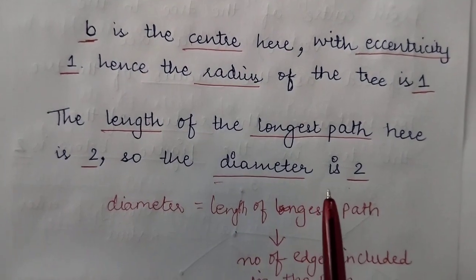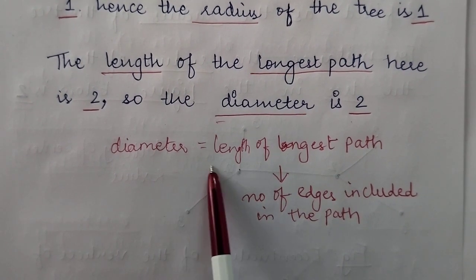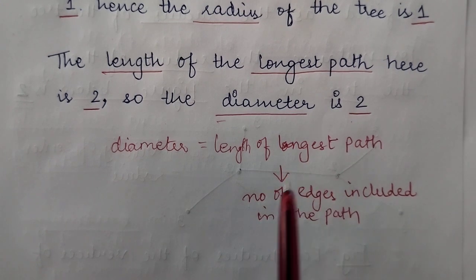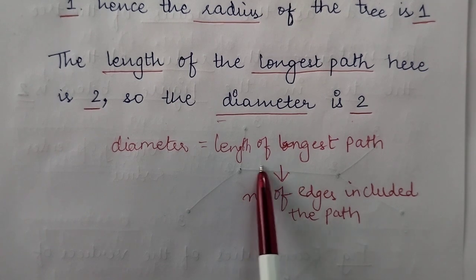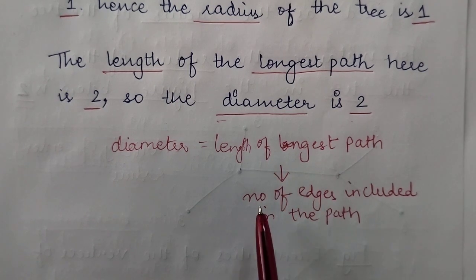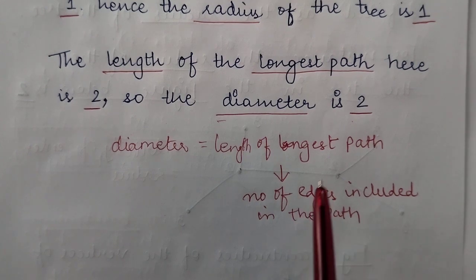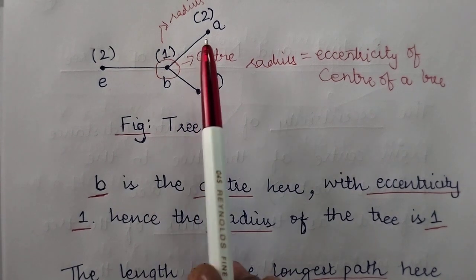So what is the diameter? It is 2, because the diameter is equal to the length of the longest path. And what do I mean by the length of the path? That means the number of edges included in the path. So the length of the longest path means the length of that path which has the maximum number of edges, and the maximum number of edges that I can have in any path in this tree is 2.